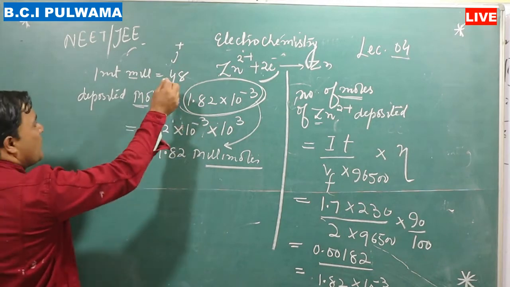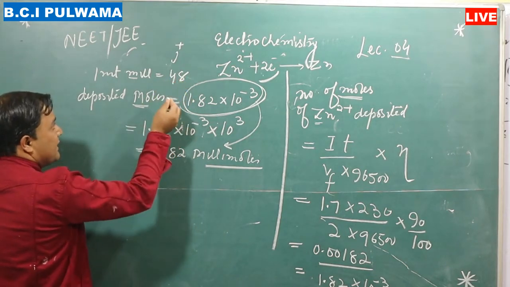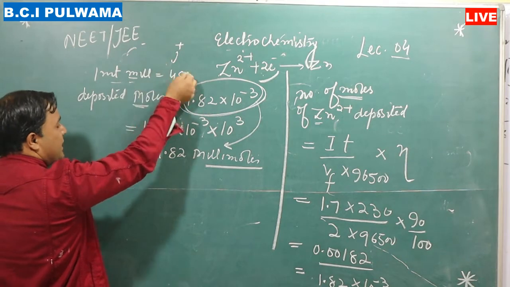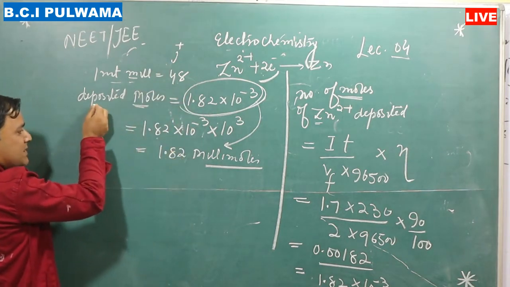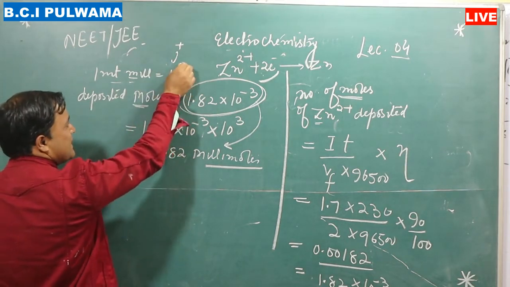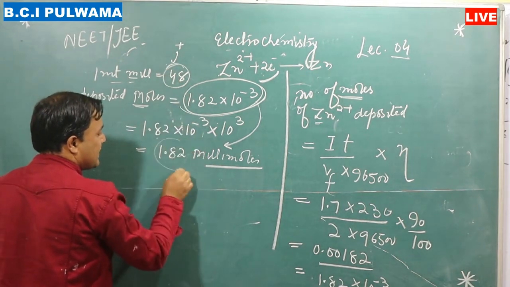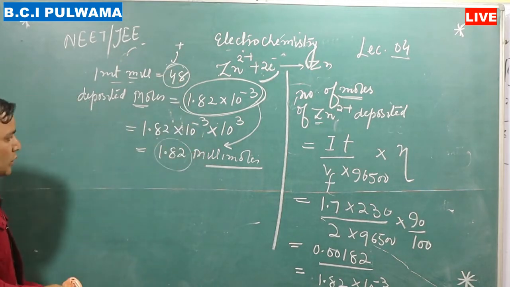So the initial number of millimoles is 48. The number of millimoles that have been deposited is 1.82. This is your x1, this is your x2. Some Zn2+ ions are left in solution.